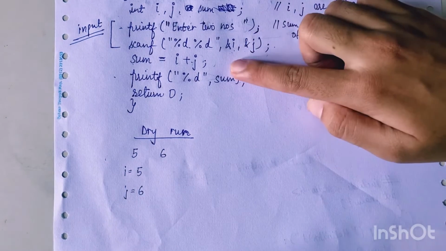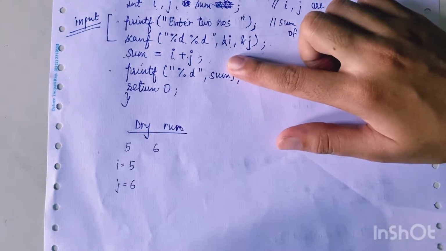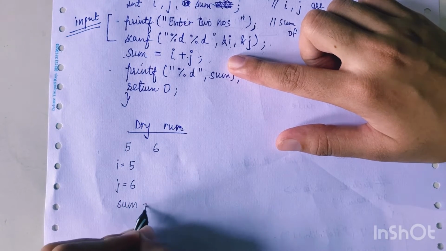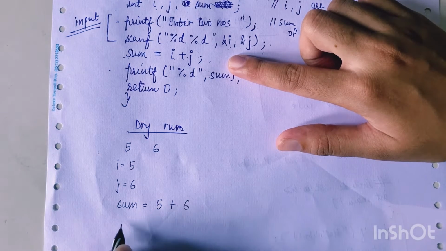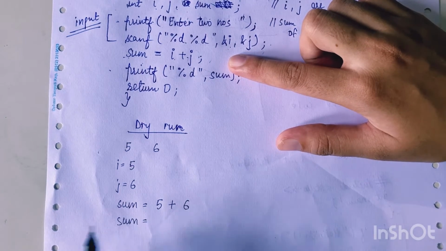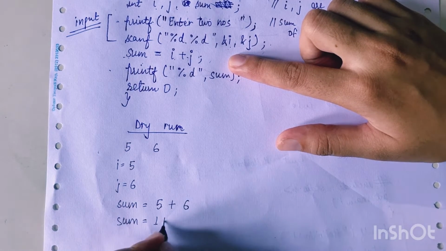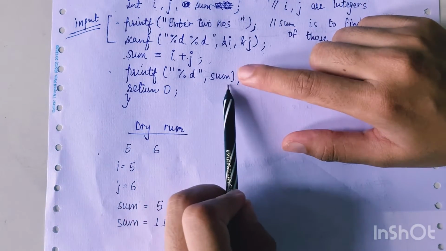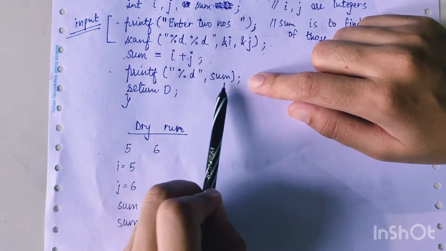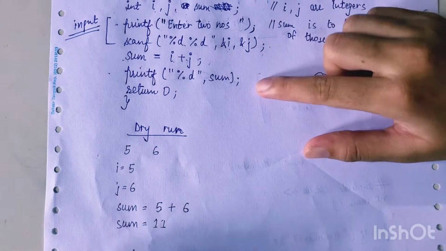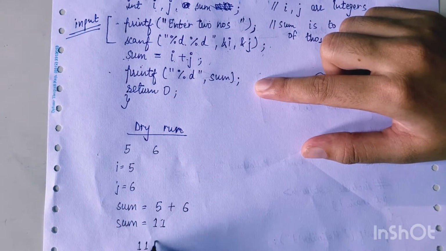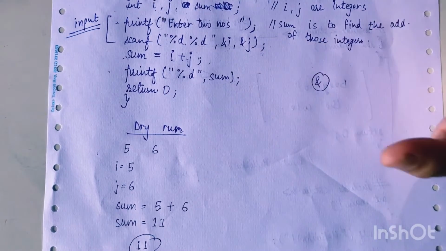Then the next line is sum is equals to i plus j, so sum will have 5 plus 6, that is 11. Now coming to the line printf percent d, sum, the output will be 11.